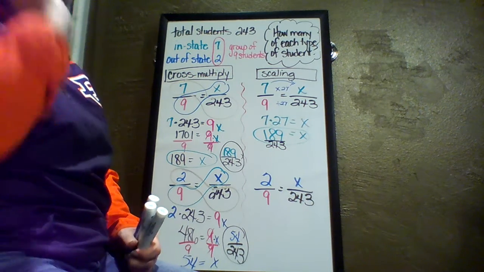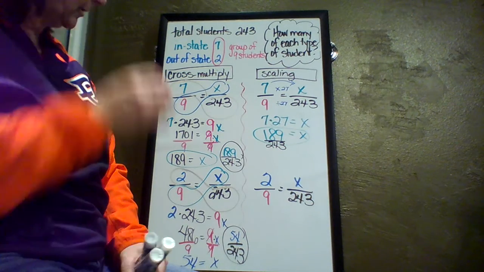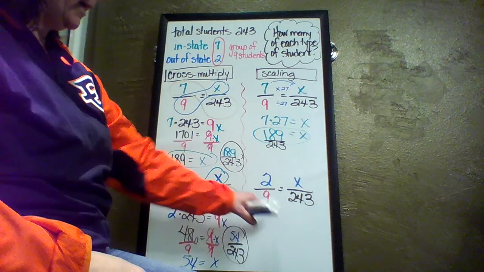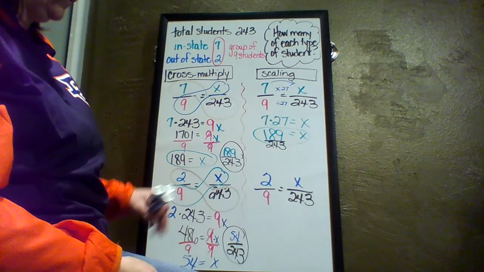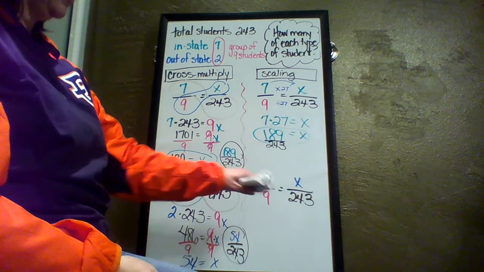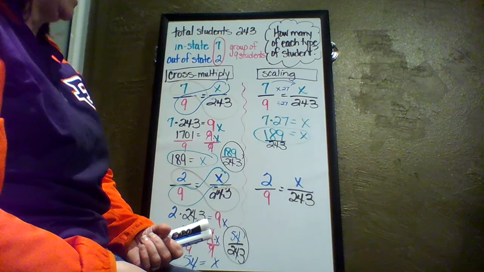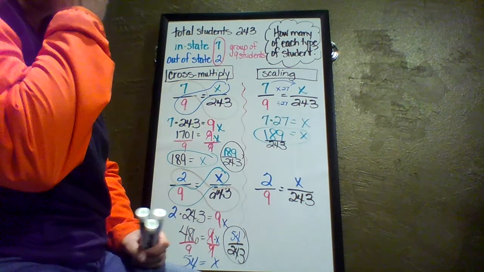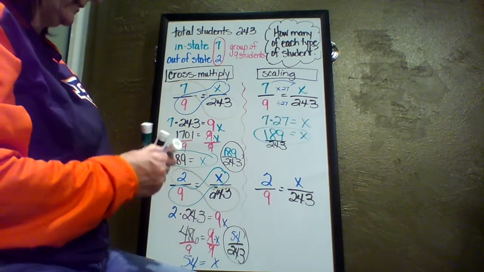Using that same method for our out-of-state students, 243 divided by some number, because we're moving to a smaller value and moving to the left, 243 divided by some number equals 9. And we found out up here that that number that we divide by is 27.